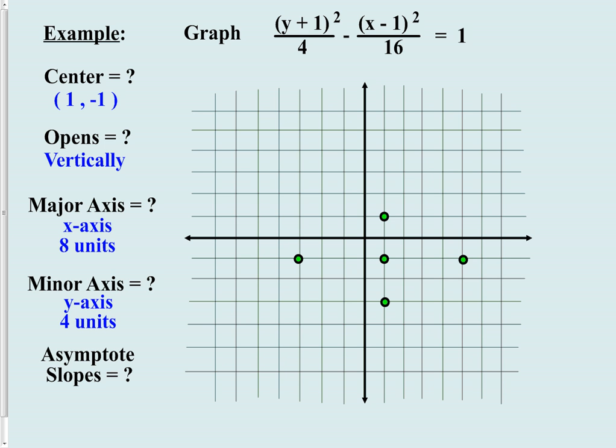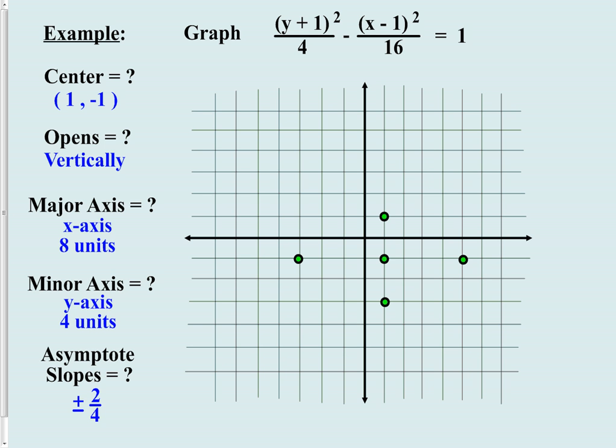And just for good measure, let's make sure that our box is actually shaping up correctly by getting the asymptote slopes. So we want the square root of the y denominator, which will be a 2, over the square root of the x denominator, which will be a 4. Now I'm not going to reduce this fraction down to 1/2, and you'll see why in just one moment. Using these slopes, the first one I'm going to put in is the positive slope.